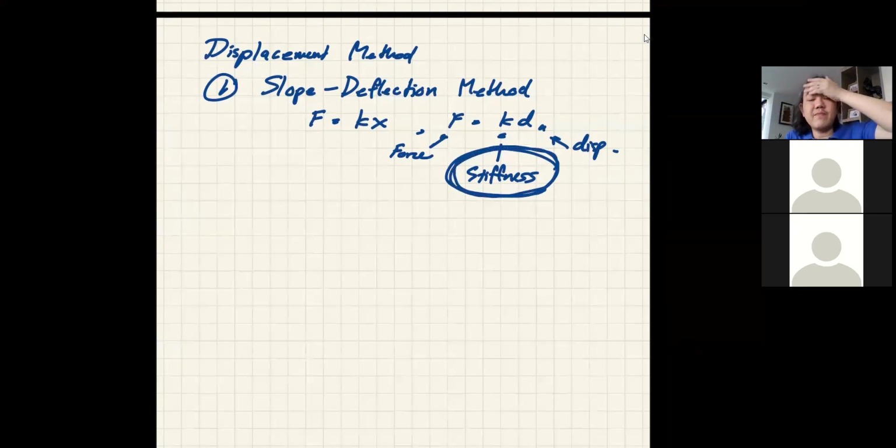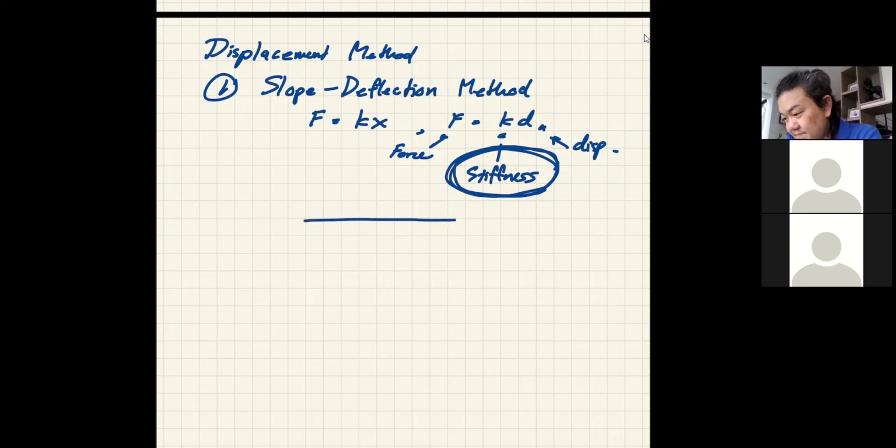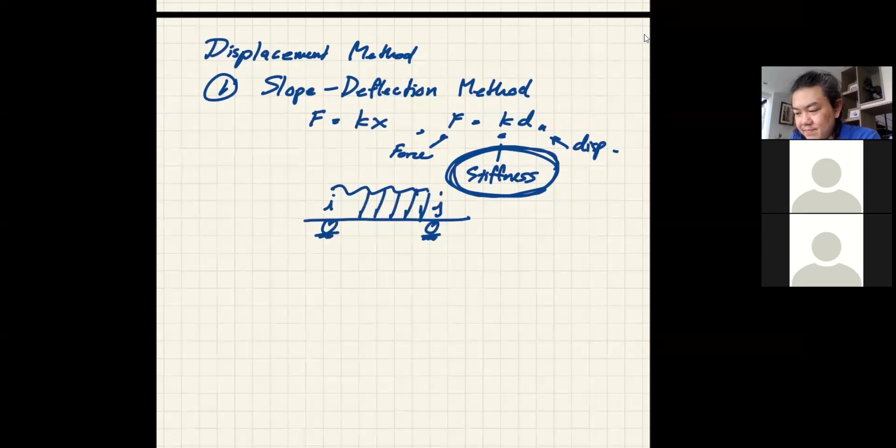In the slope deflection method, you can look at, say, one member between two joints. I can draw it like this. Any two joints, I, J. And it has some kind of arbitrary load, any load acting on it. So now, one member between two joints with load.